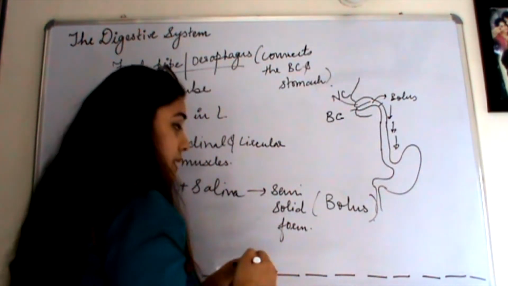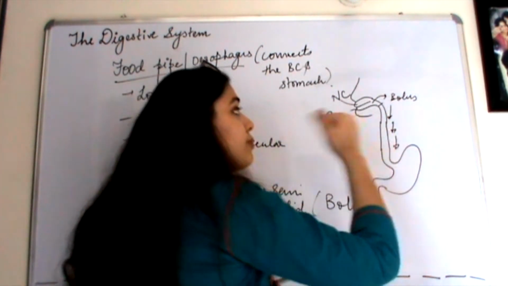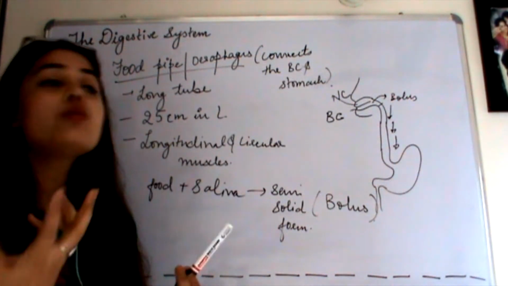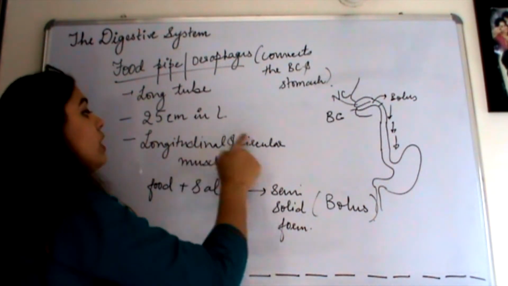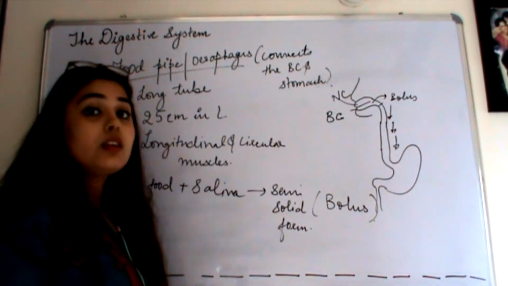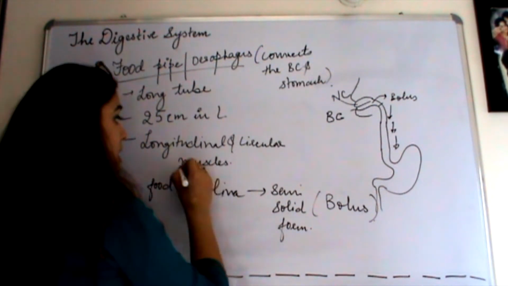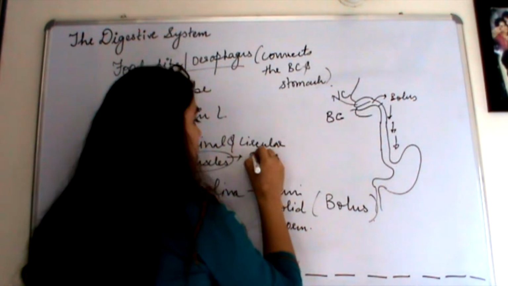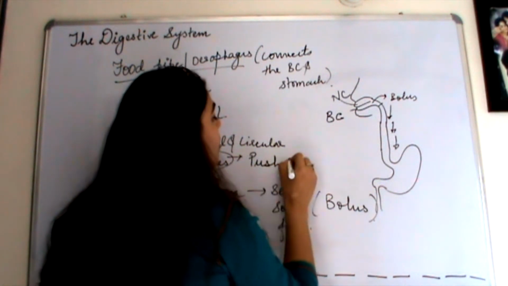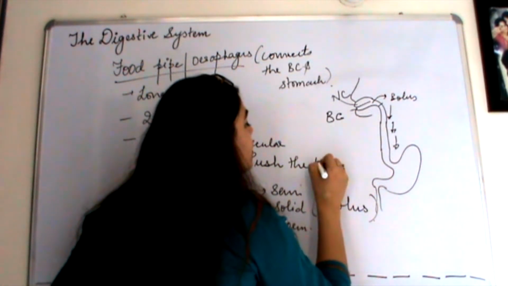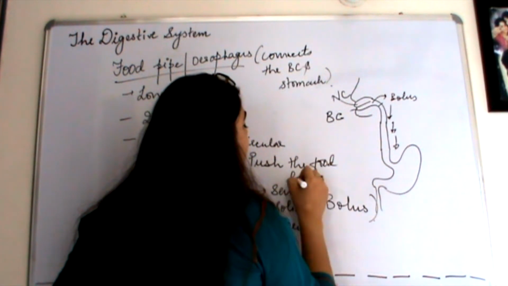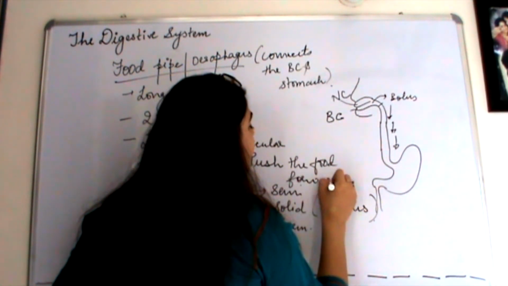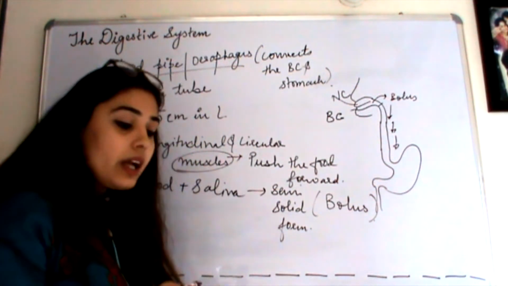So how is this pushing movement taking place? As I've already told you, longitudinal and circular muscles are present in the esophagus. So these muscles push the food forward. And how are they doing that?